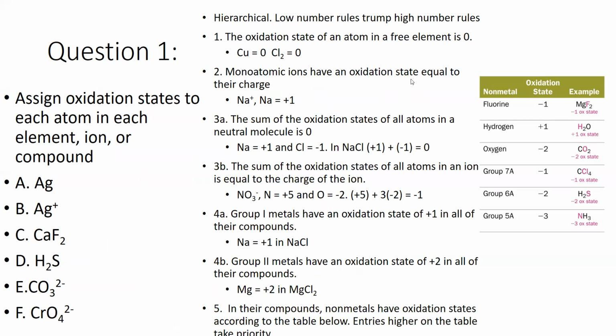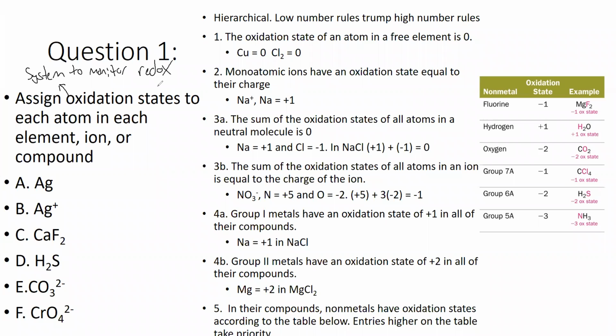So what we're going to go over here first, and I'm going to walk you through this, is our rules for determining oxidation states. Okay, first off, what is an oxidation state? An oxidation state is like a system to monitor redox reactions.